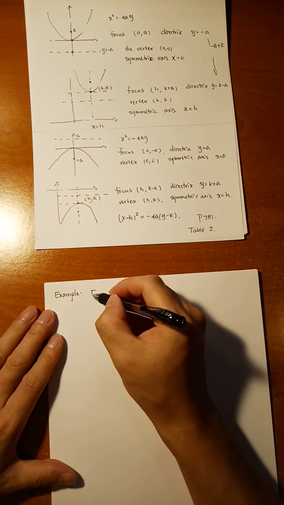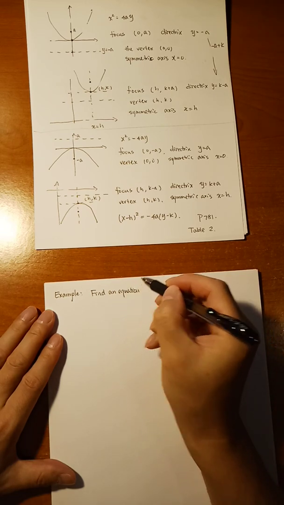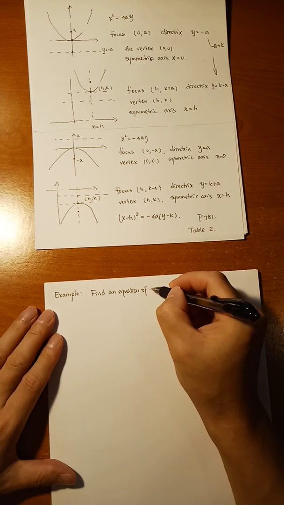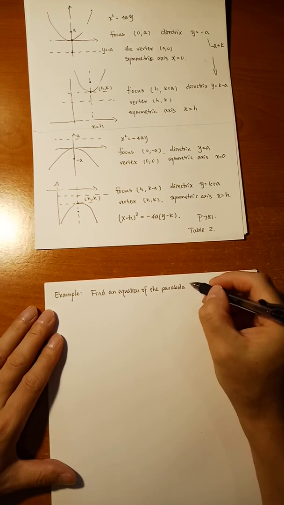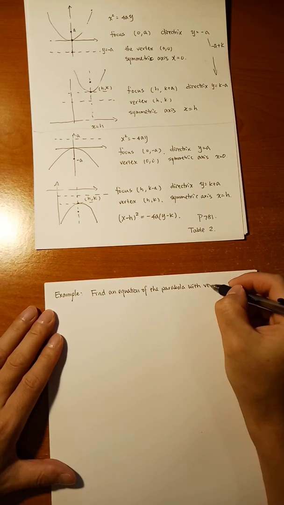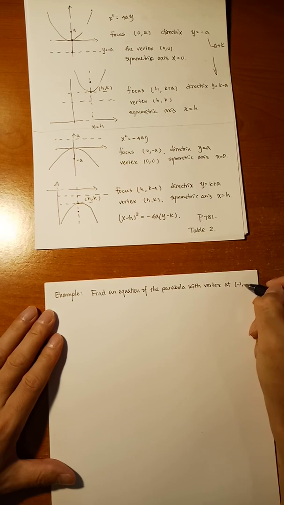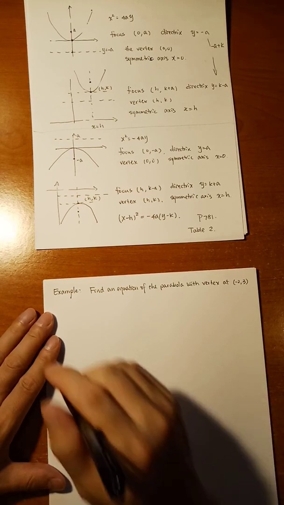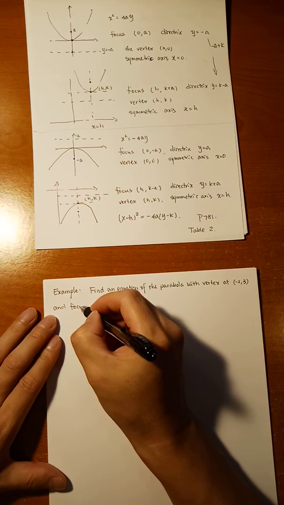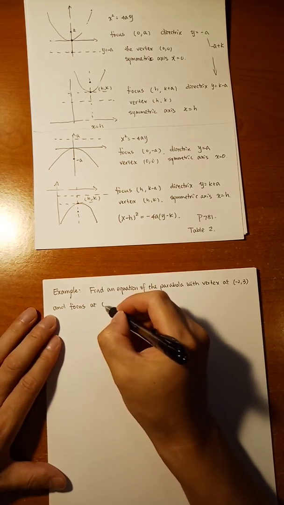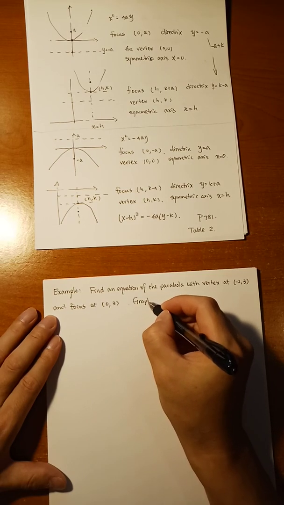Find an equation of the parabola with vertex at -2, 3 and the focus at 0, 3.